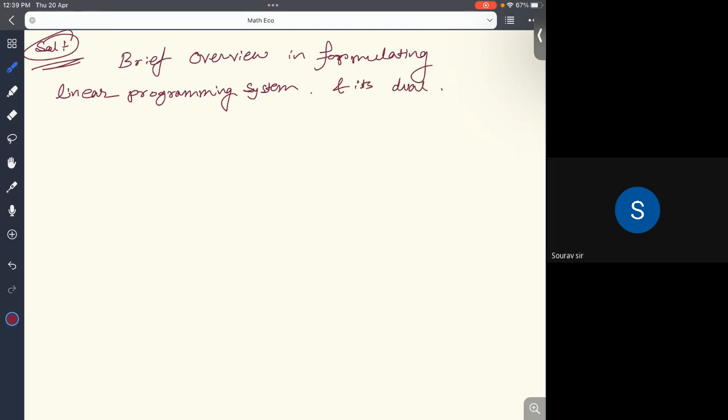Now, to formulate the linear programming system, the first step is to write the objective function for the entrepreneur as the sum of the revenue from each output, right?